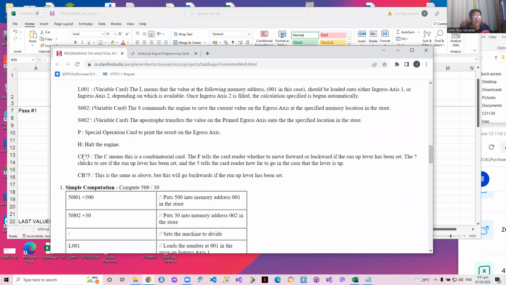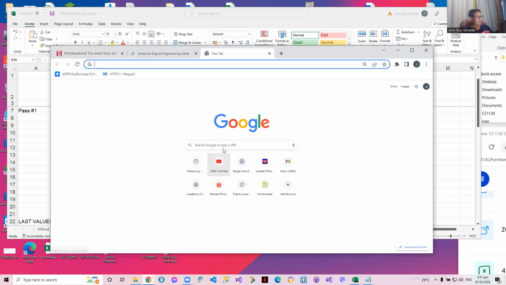Okay. CF means count forward, no? Or move forward. When you say count forward 5, you move forward by 5, depending on the run-up lever. CB, count backwards 5, depending on the run-up lever. What is a run-up lever? A run-up lever is like a toggle switch, no? Yung toggle switch, like this, which automatically toggles.